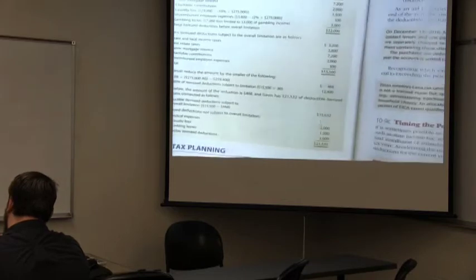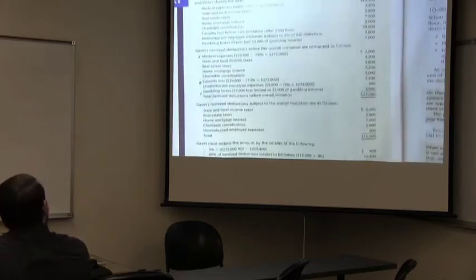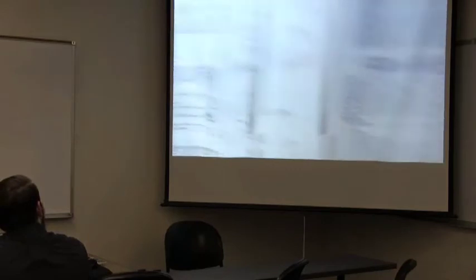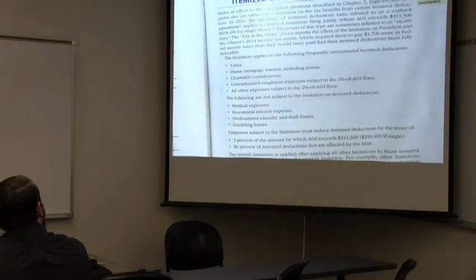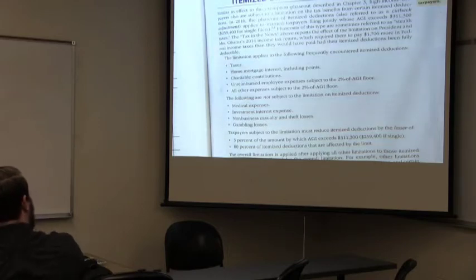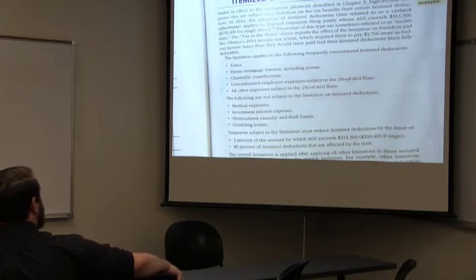So I want to take a look at this one thing real fast. You're not tested on this, mainly because the problem in the book is really long. But just know that there is a phase out for itemized deductions. You have to have a pretty large AGI to have the phase out, but I have heard a lot of political talk out there on decreasing that limit to something a lot more reasonable.